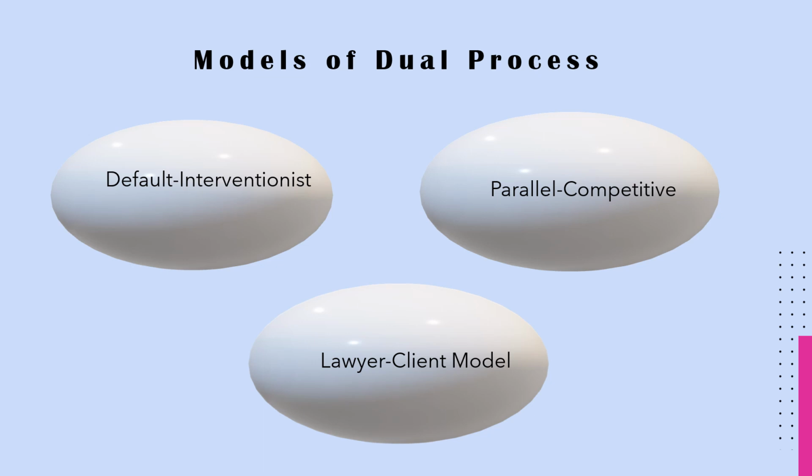The parallel competitive model assumes there's a competition between the two processes. So they both compete for making the decision, and they're always working to be the winner of the competition.